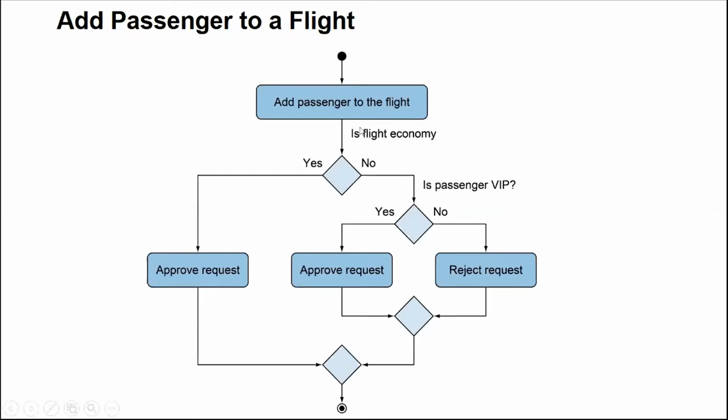Otherwise, if the flight is not economy, we take a look at the status of the passenger. And we ask ourselves, is the passenger VIP? If the passenger is a VIP, we approve the request. Otherwise, if it is a regular passenger, meaning no, a regular passenger cannot join a flight that is not economy.